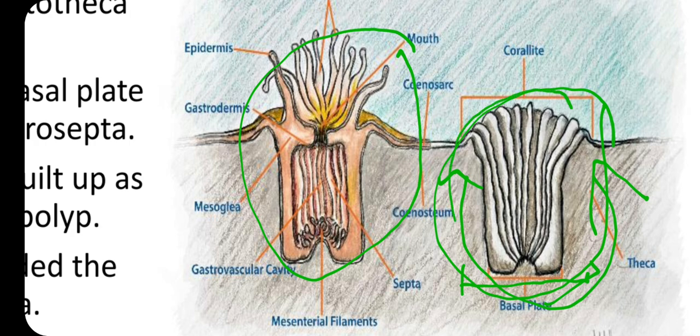So this one individual is called a corallite, and many such together are called a corallum. That is what I told in my previous slide. You can also see the mesenterial filaments, then the gastrovascular cavity of the individual, the tentacles, the mouth, everything.